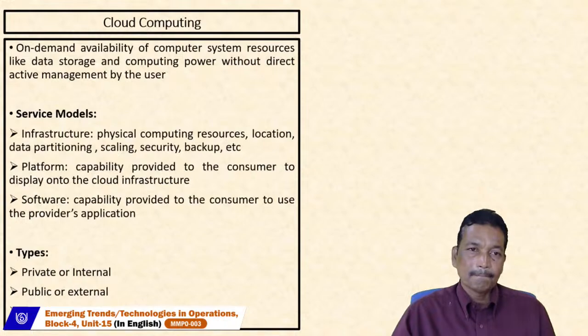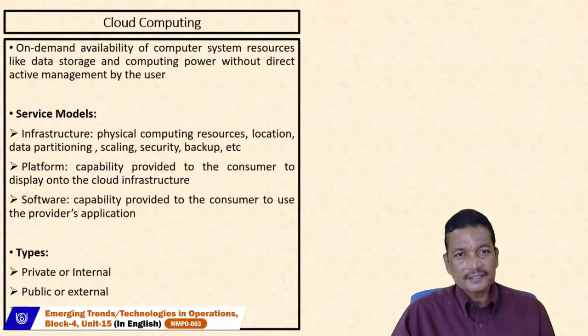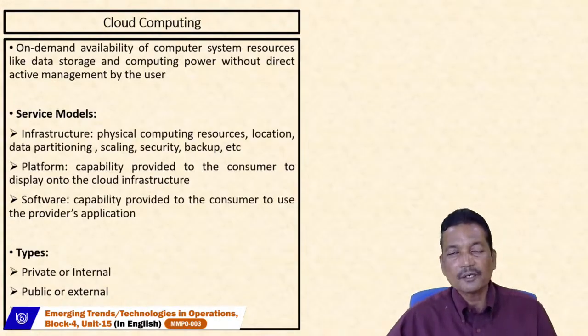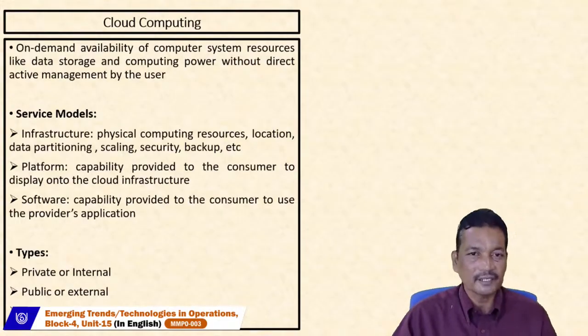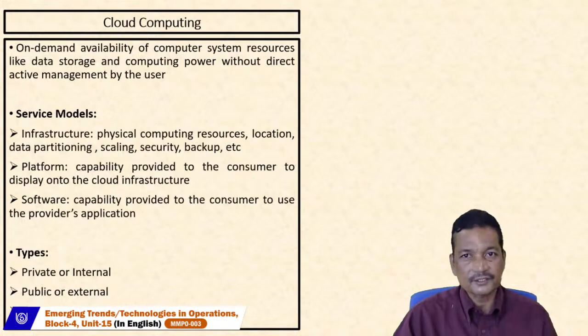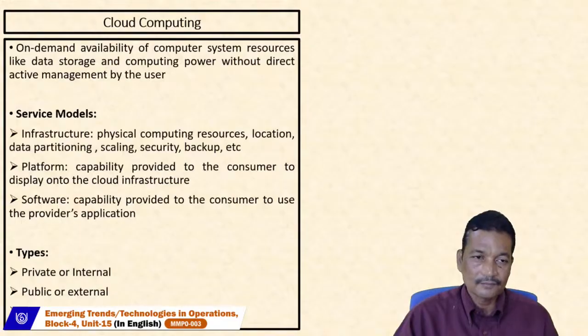Just now we were discussing, suppose we try to get certain information about the electoral records of the government. So what we do, we try to access the portal of the government, which is giving the various aspects of electoral records. So without managing that also, we can get information. The various service models are the infrastructure, the platform, and the software.